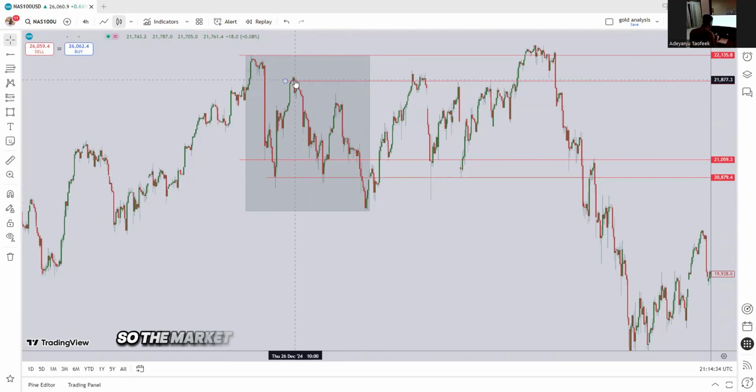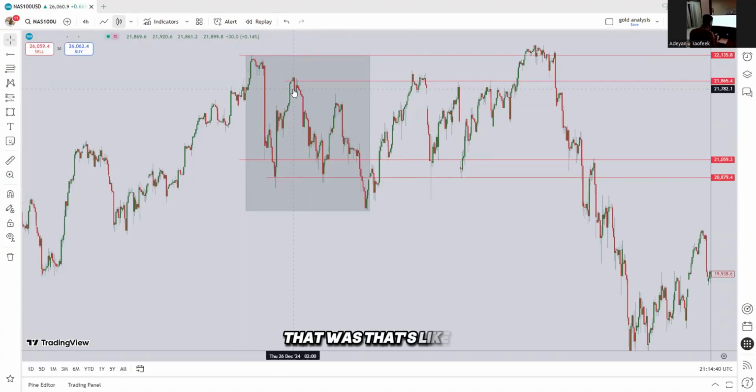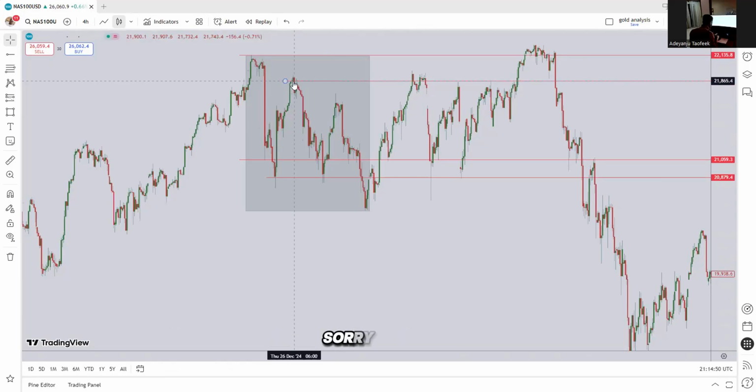The market has dropped back inside of this red line, that's the resistance, sorry, my bad, this resistance, and then it turns into support.